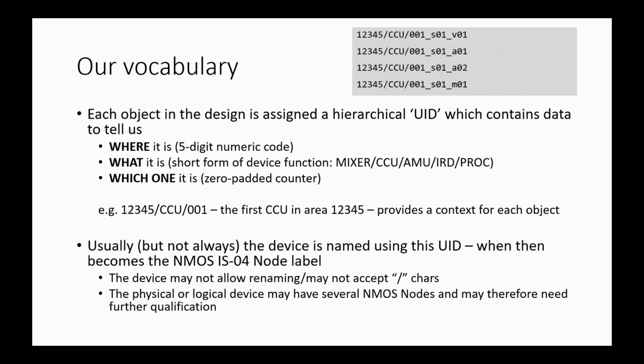Now, maybe you might argue that we shouldn't have put slashes in our unique IDs, but we didn't know when we started, and you're probably right, we wouldn't have. But that physical or logical device might have several nodes, so we might need further qualification to say, well, actually, this is #1, #2, #3 of our CCU 001.